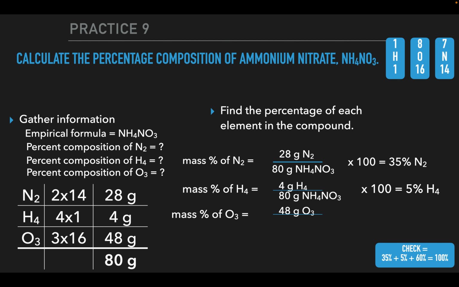I guess one way you can do it, if you get the first 2, it should be 100 minus the percentages to get the total, because they all have to add up to 100%. But I would rather you do all the problems first and then check to see if they all add up to 100%. 35% plus 5% is 40, plus 60% is 100.